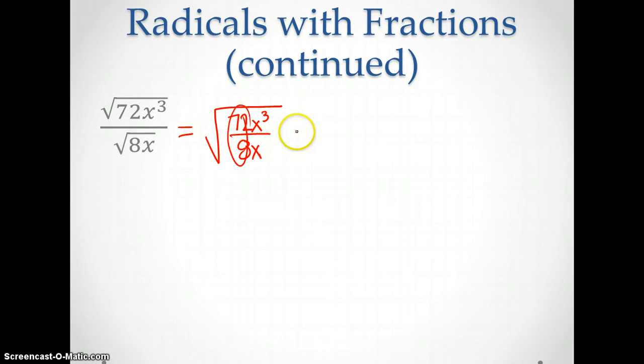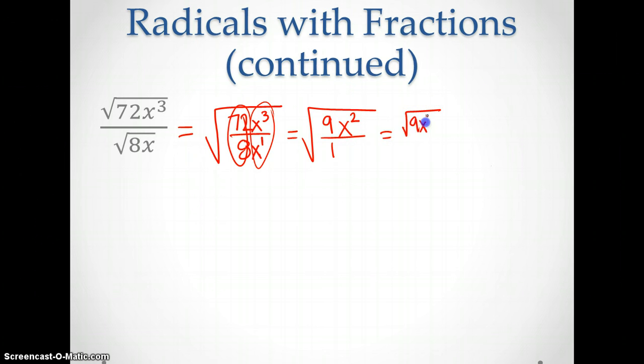Absolutely. 72 and 8 can both be divided by 8. That leaves us with 9 in the numerator and 1 in the denominator. And if you remember your exponent rules we just had the quiz on, x to the third over x to the first, we're going to subtract our exponents. So this problem becomes a much easier problem, simplifying your fraction first.